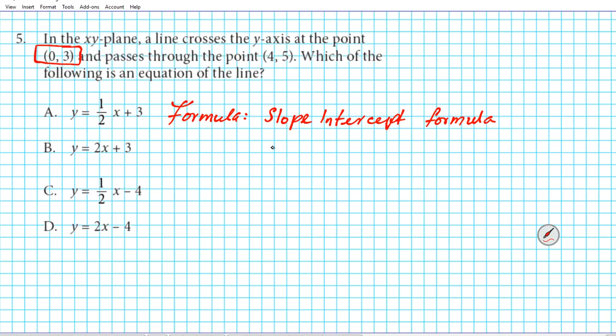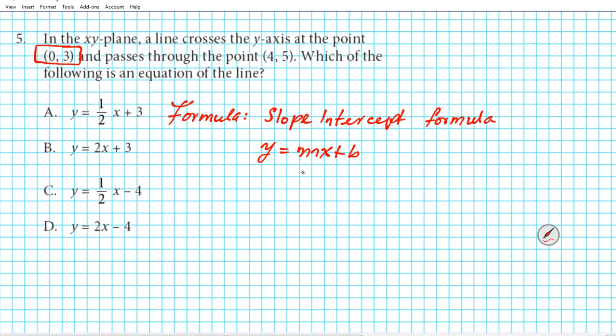Okay? The slope-intercept formula is y equals mx plus b. Alrighty, b is the y-intercept. So if you're given the y-intercept, all you have to do is find the slope and you're ready to generate the equation.